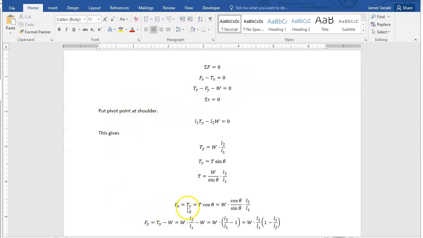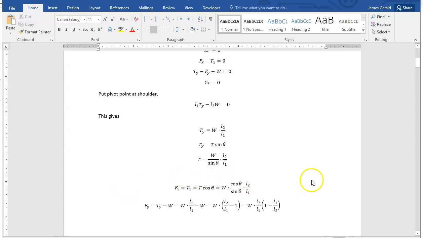And so Fx is Tx, and Tx is just T cosine theta. So we stick in our value for T into this equation, and we've got Fx is the weight of the arm times cosine over sine of L2 over L1. You can call that the cotangent if you want, but hey, we're not going to worry about it.